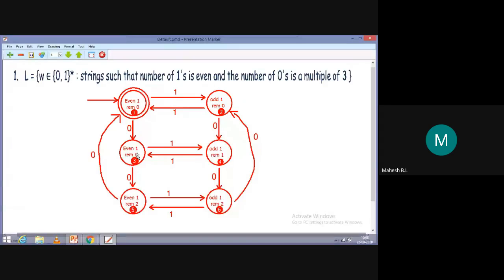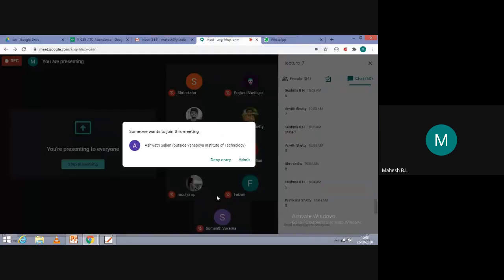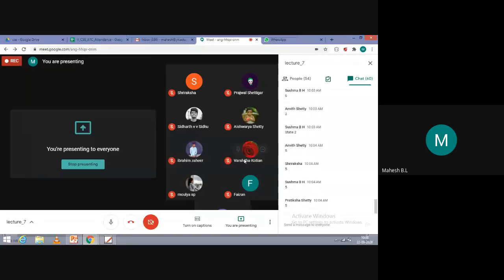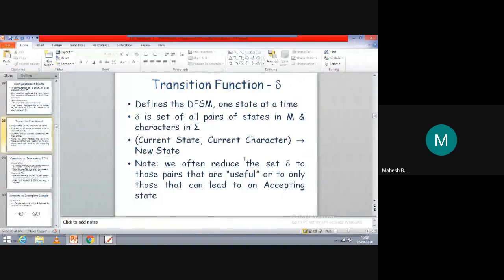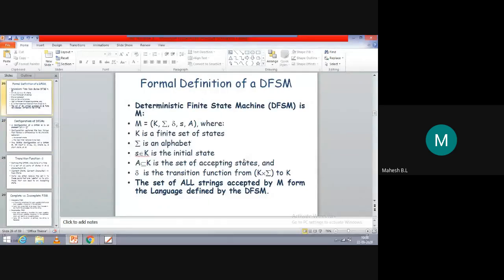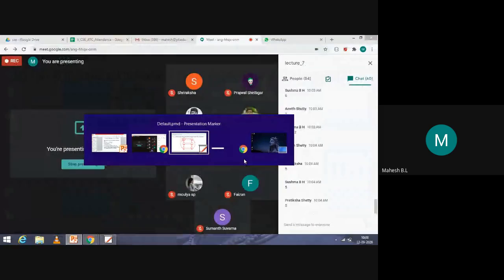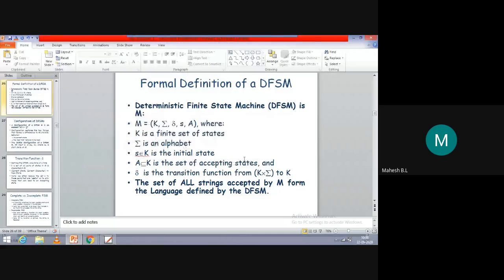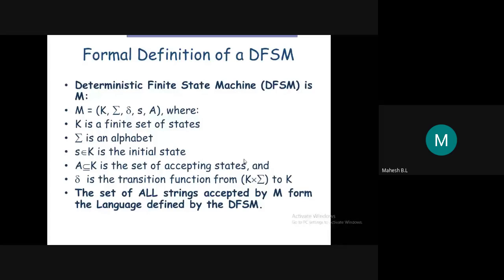Similarly, delta of 3, 0 is 5. State 3, input symbol 0, makes a transition to state 5. Similarly, delta of 2, 0 is state 4, delta of 4, 0 is state 6. That is the transition function delta.